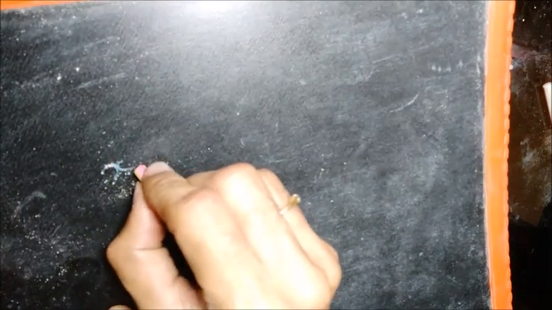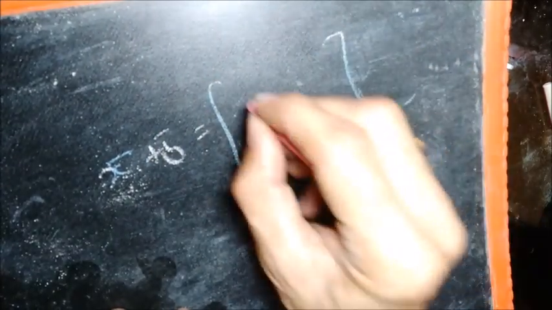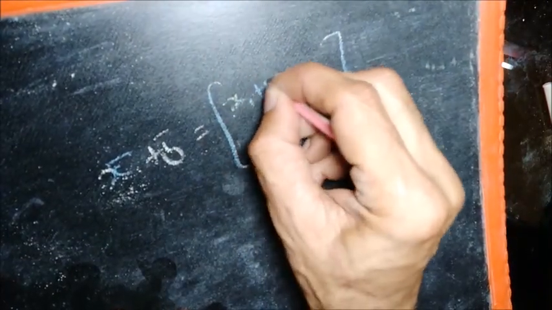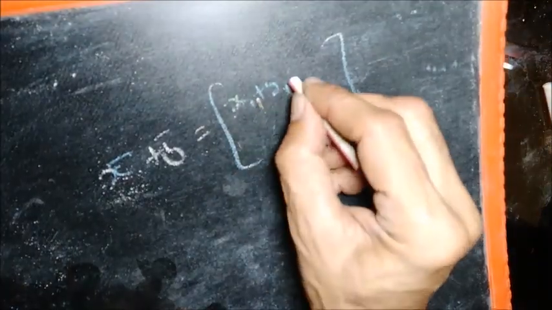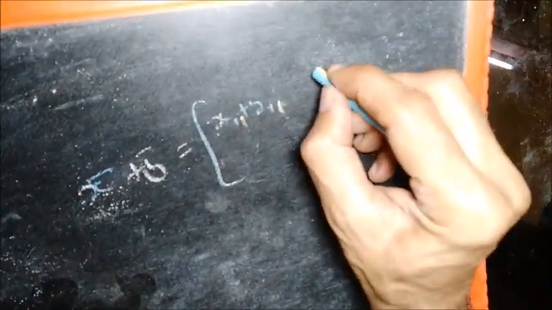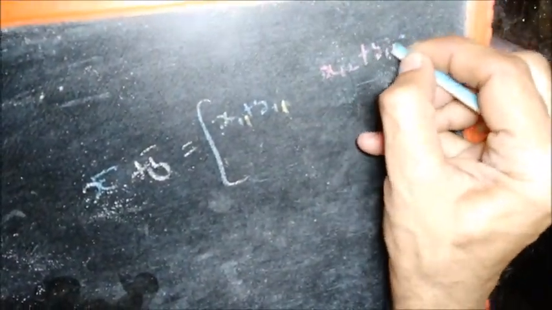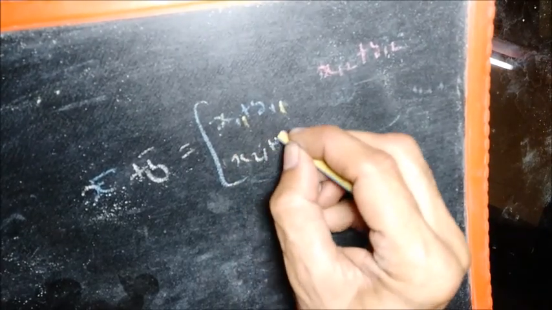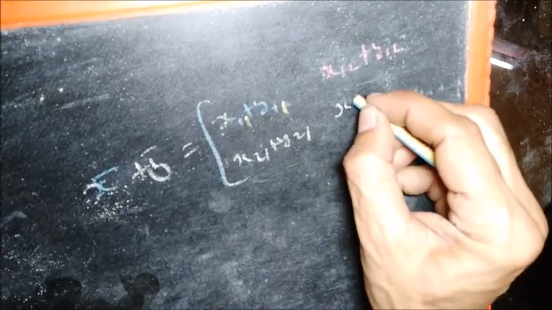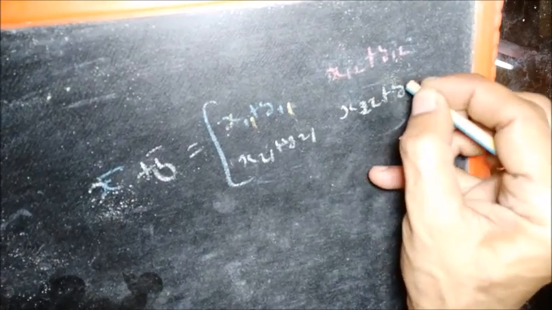The next example is the set of all 2 by 2 matrices, where I define matrix addition like this: x11 plus y11, x12 plus y12, x21 plus y21, x22 plus y22.